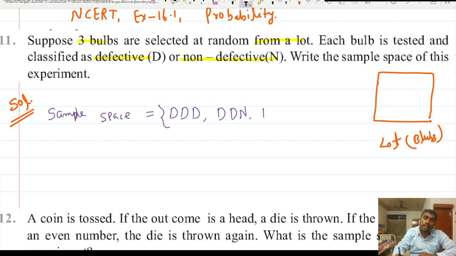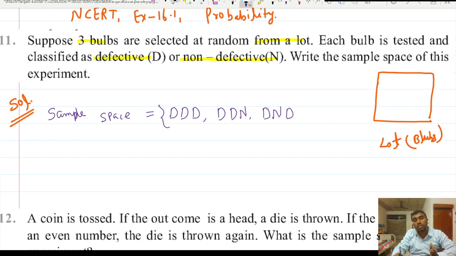The third case may be that the first bulb is defective, the second bulb is non-defective, and the third bulb is defective. Now see, these two are different cases, because here the non-defective bulb comes in the third selection, but in this case the non-defective bulb comes in the second selection.